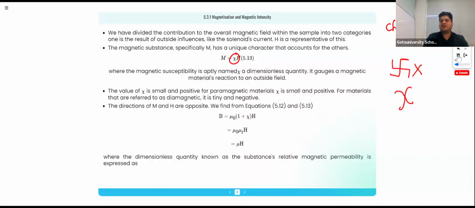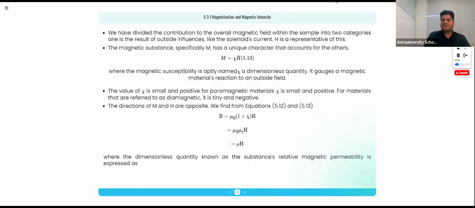I repeat it once again: magnetic susceptibility. What is magnetic susceptibility?